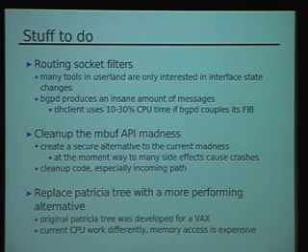Another project I would really like to see happening, which is actually pretty simple, is having the possibility to do routing socket filters. We have a lot of userland applications that listen to the routing socket just to figure out if the link state is changing, like dhclient.